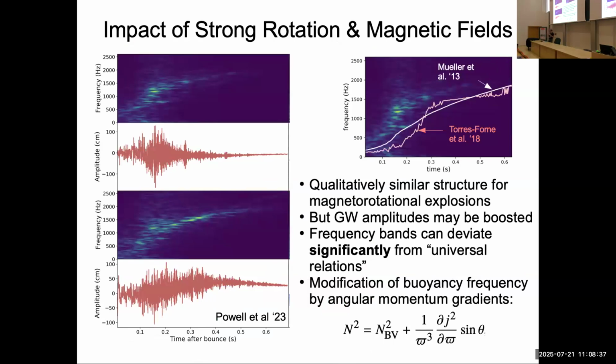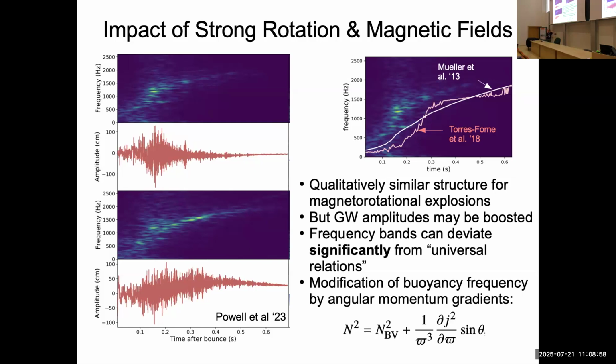Caveats about this high frequency signal. Something I think that needs to be researched more is what are the confounders that could skew this trajectory? And there haven't been too many studies that investigated the influence of rotation and magnetic fields on this signal component.